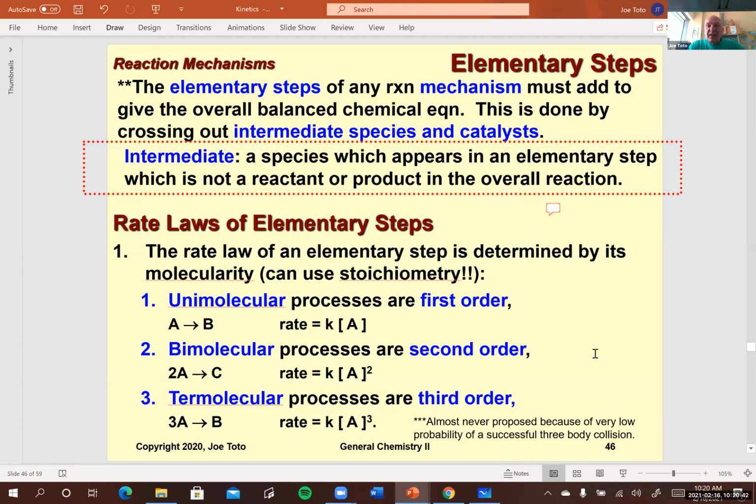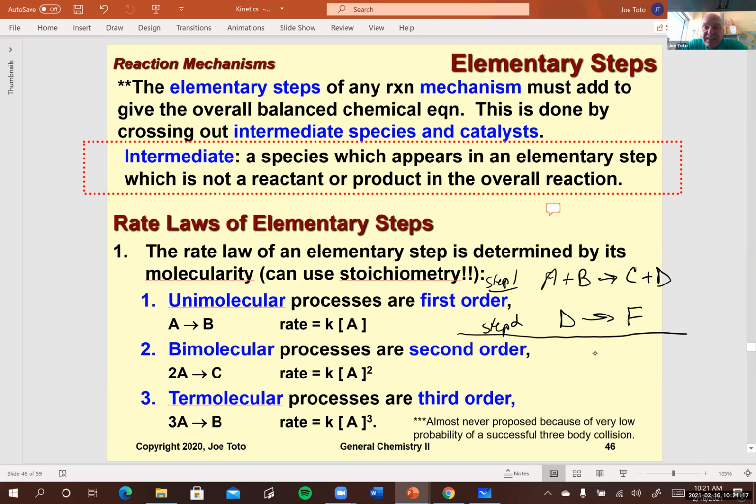So for example, if I have some reaction A plus B goes to C plus D, say this is step one in my mechanism. Then step two, I'm going to have D goes to F. So the overall reaction is found when I add up all the elementary steps in the proposed mechanism.